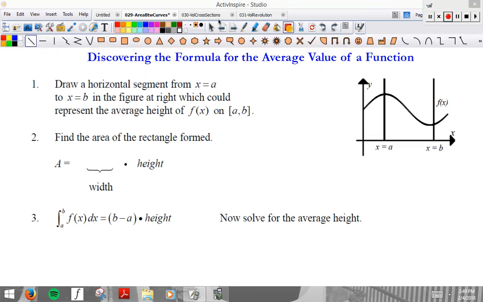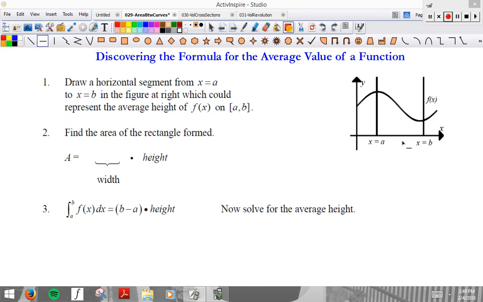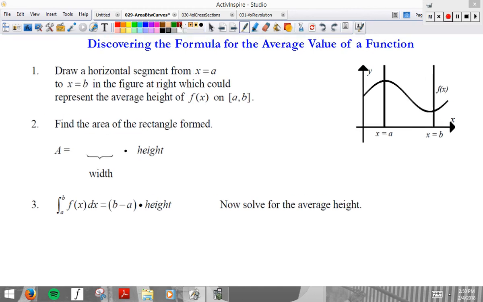So we're going to draw a horizontal segment that represents the average y value of that piece of the function. In case you have trouble visualizing it, this is the function I'm interested in.